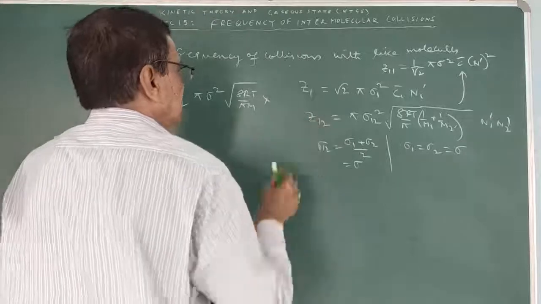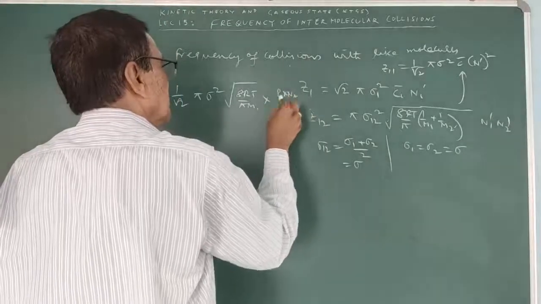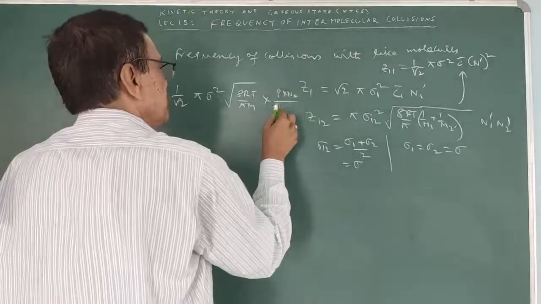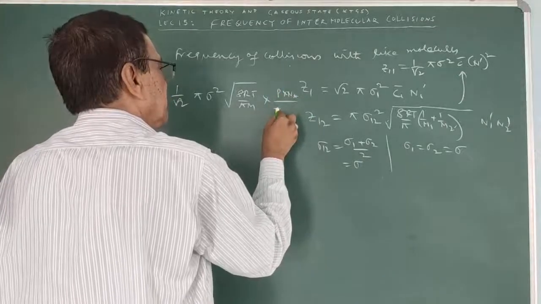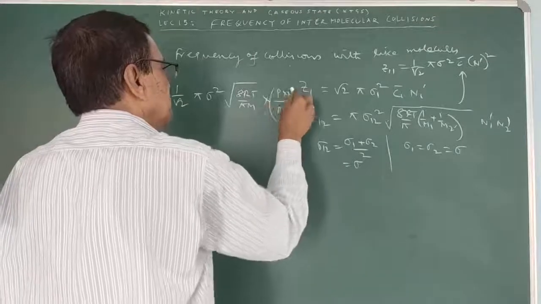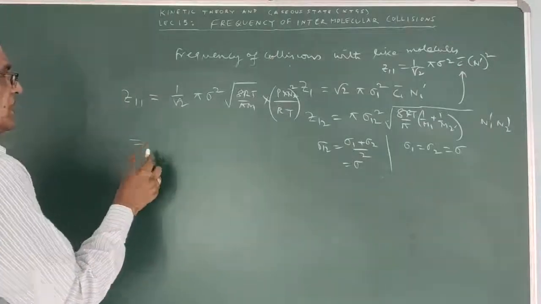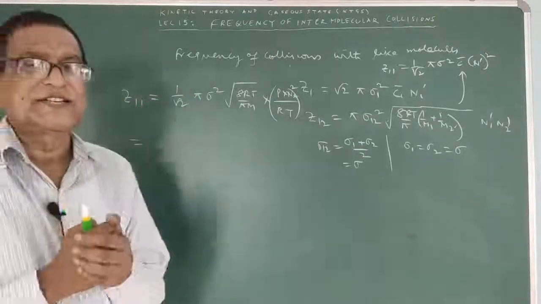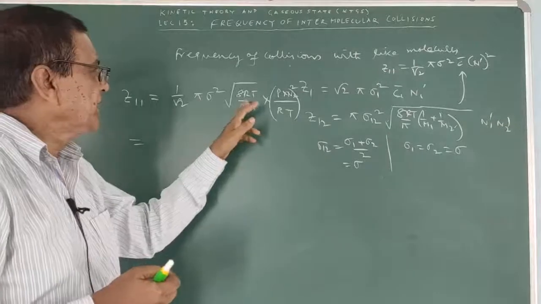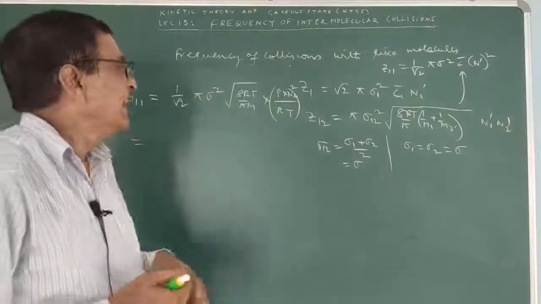Instead of n dash, we can write P into Avogadro number divided by RT, and its square. Here sigma is taken constant, and m is also constant for this fixed gas.